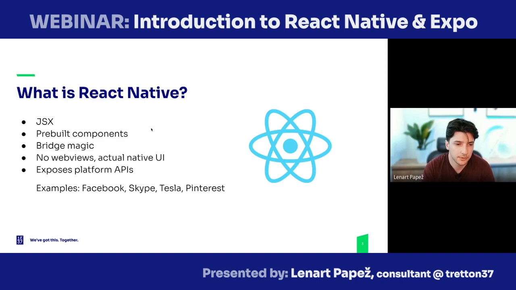And it also exposes platform APIs such as gyroscope, camera, etc., that we can, with a little help from the native code, if we do know how to write it, implement into our application. Most common examples of React Native in production include Facebook, Skype, Tesla, Pinterest, Microsoft Teams, and many, many more.